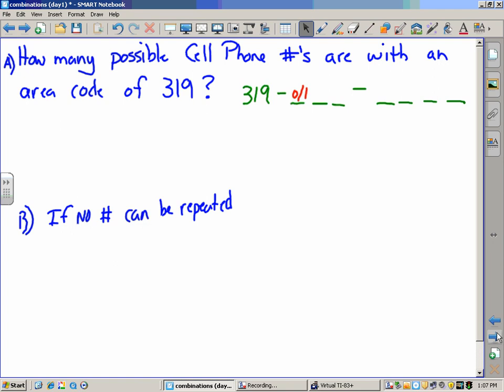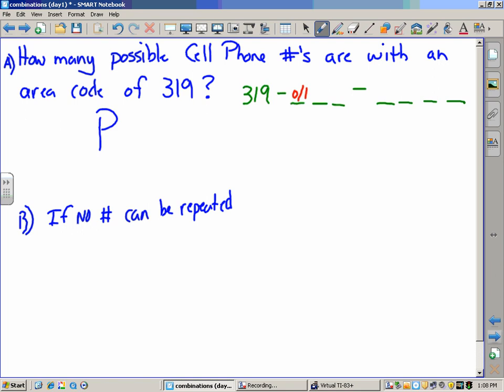Does order matter on this? Order does matter, which one comes first, so this is a permutation. However, it's unique because you can reuse a number again.